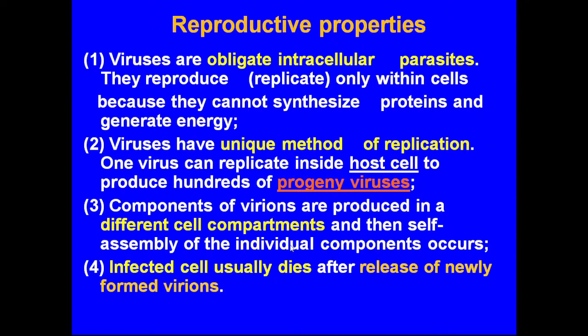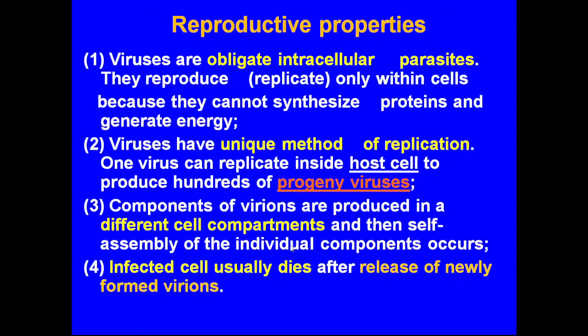Then, after the components of the viruses are produced in different compartments, they come together in what we call self-assembly. From the individual components that come from different compartments, the complete mature virus particles will be produced. This way of reproduction is called the disjunctive way of reproduction.